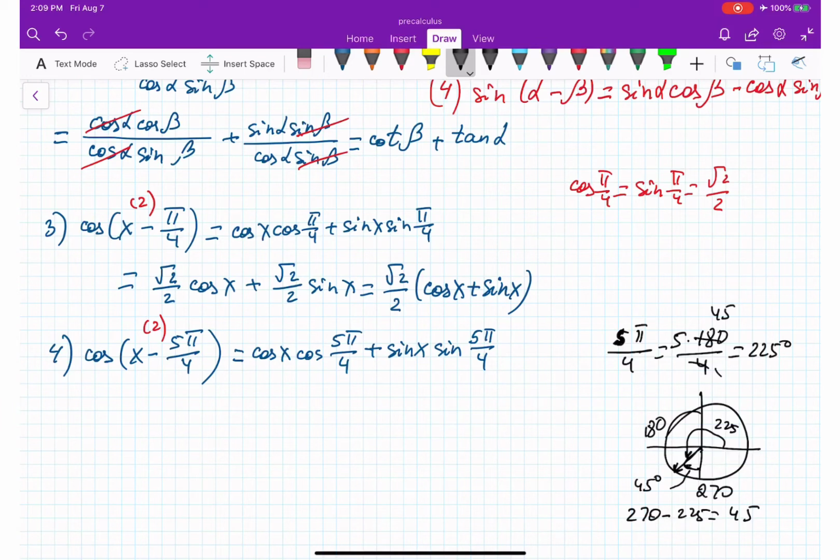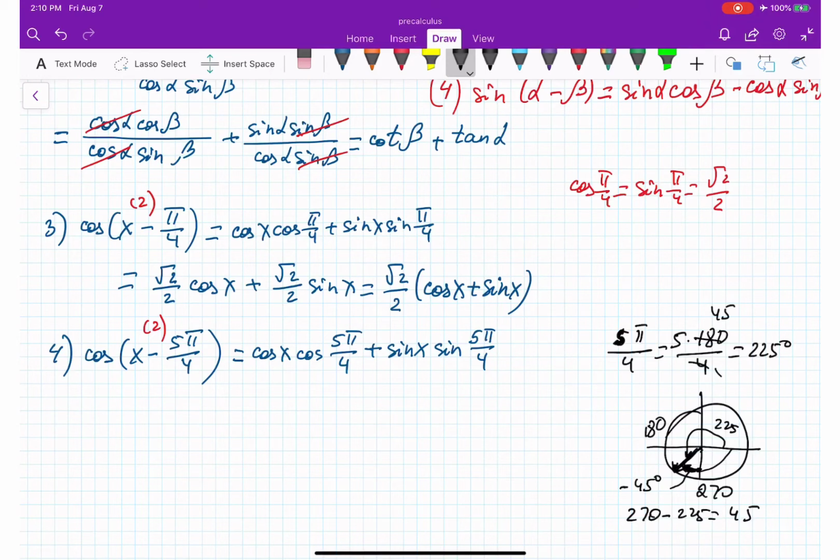But this is going to be with a negative sign, negative 45 degrees, this piece. Or this piece is negative 45, and plus 90 will be negative 135 degrees. But for us, practically, this piece is going to be 45 degrees.